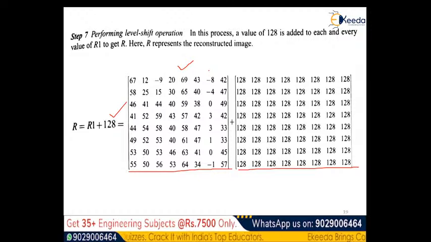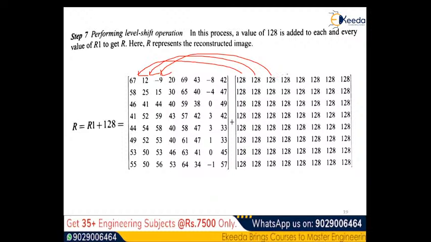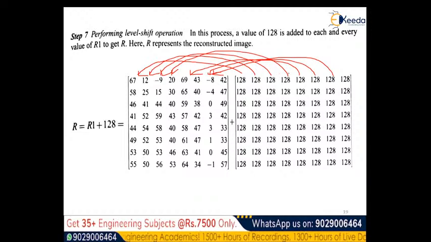Every entry we have to add 128. 67 will be added by 128, 12 will be added by 128, minus 9 will be added by 128, 20 will be added by 128, 69 will also be added by 128, 43 will also be added, then minus 8 is to be added by 128 and 42 also to be added by 128.